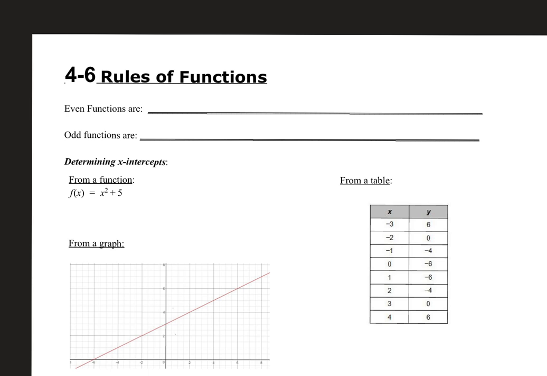Just some basic things that we want to learn or remember about some functions, okay? So first off, even functions are symmetrical about the y-axis. So what does that mean?